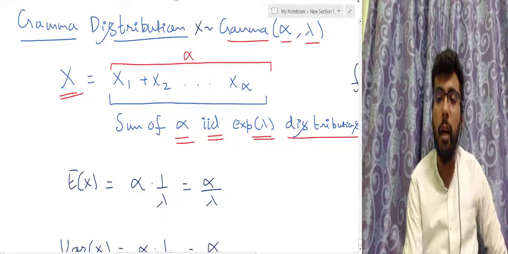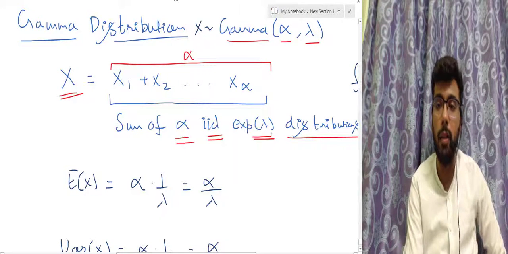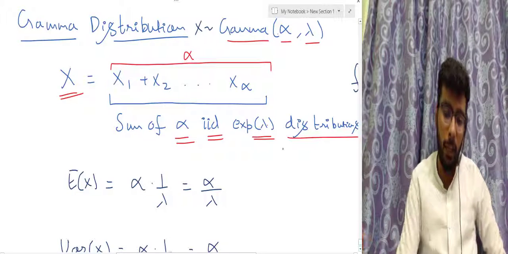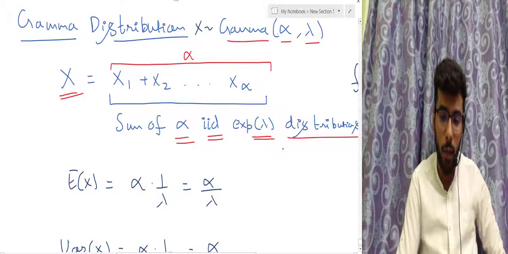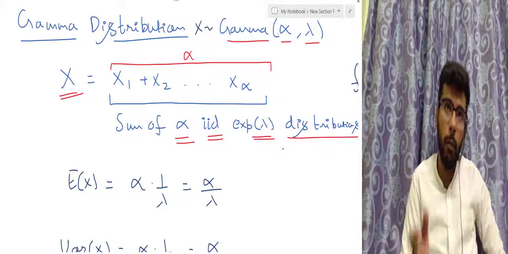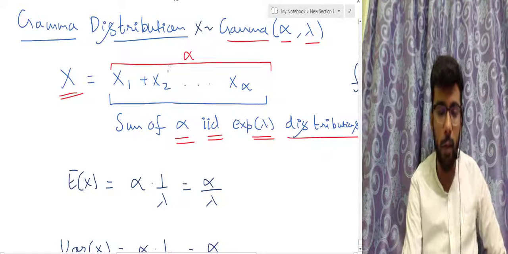In real life, I told you that the exponential distribution models the waiting time of a particular process that happens at a constant rate. The process is a Poisson process. For example, the time you have to wait for a car to come at a signal, or the time you will have to wait for a bus to come after you reach the bus stop, has an exponential distribution.